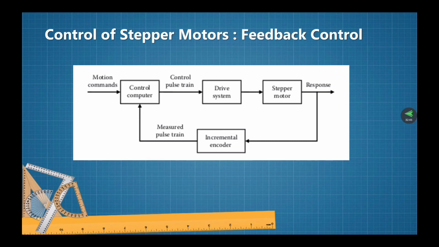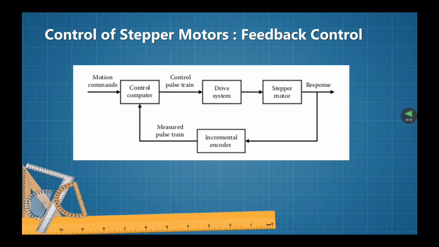Typically, an optical incremental encoder is employed as the motion transducer. This device provides two pulse trains that are in phase quadrature, or alternatively a position pulse sequence and a direction change pulse may be provided.